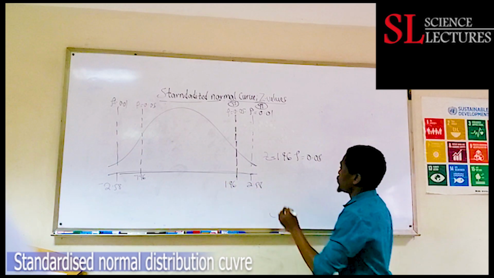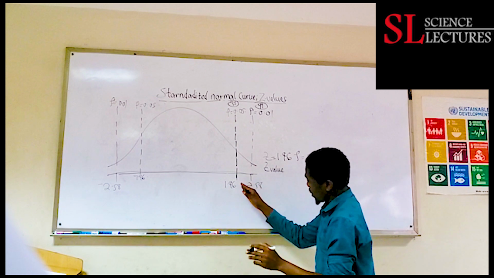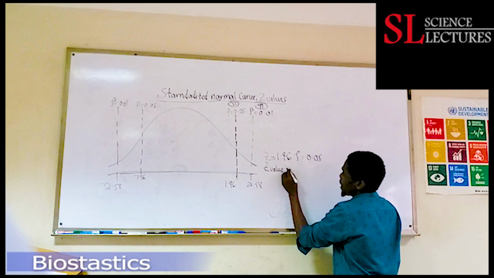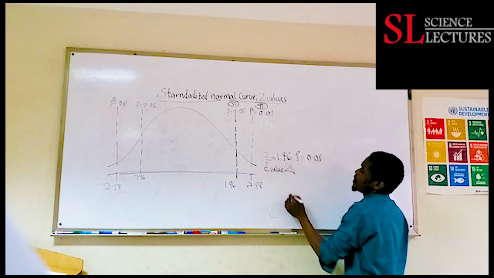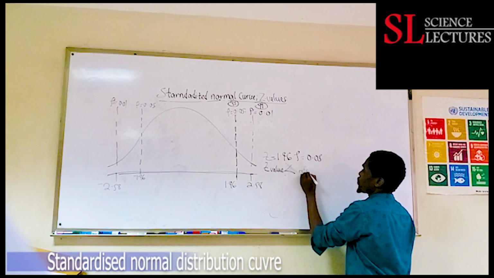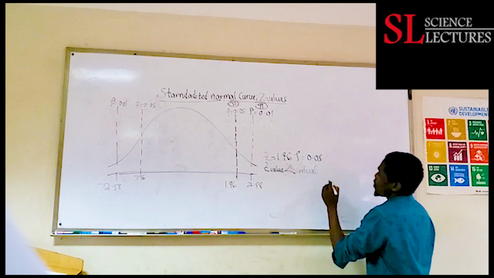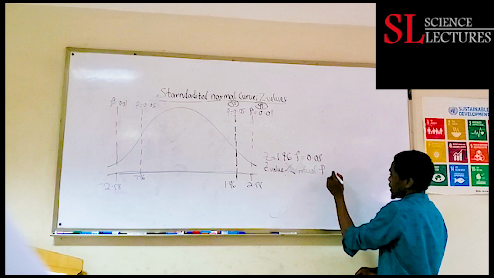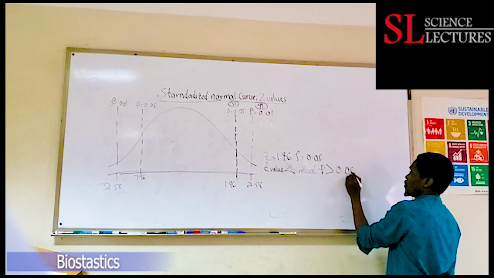If you get a z value less than the critical, in other words less than 1.96 at a confidence of 95%, we'll say that P will be greater than 0.05.